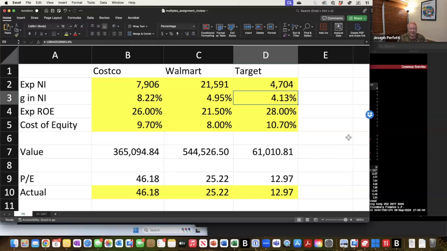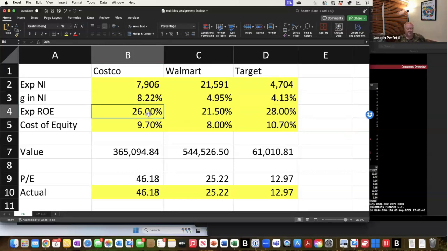But the problem is, and I'll show it to you here. If I made Costco's ROE 30%, watch what happens to the PE. 46 to 49. If I make Costco's G 9%, watch what happens to the PE.